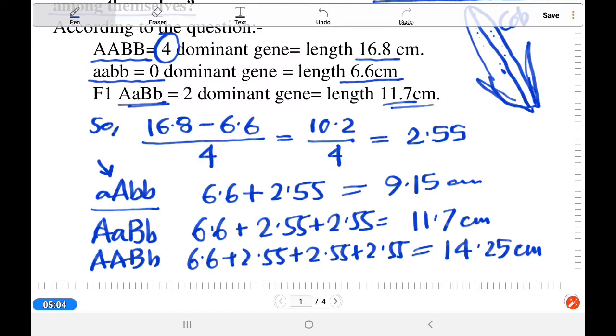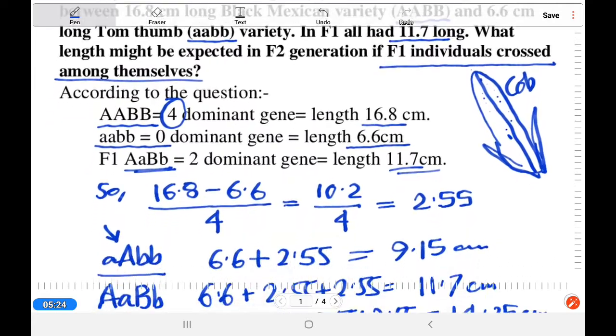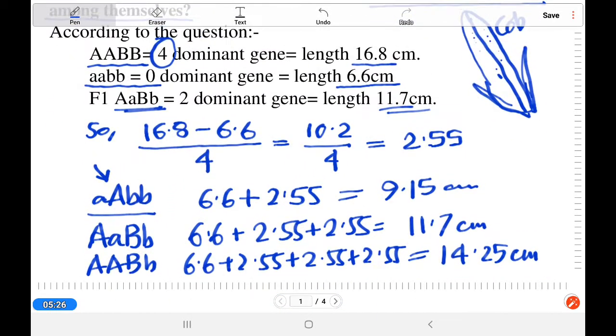So when you have to calculate the next generation, we have got all the possible lengths. F2 is calculated by normal Mendelian method, and the lengths will be of this type.